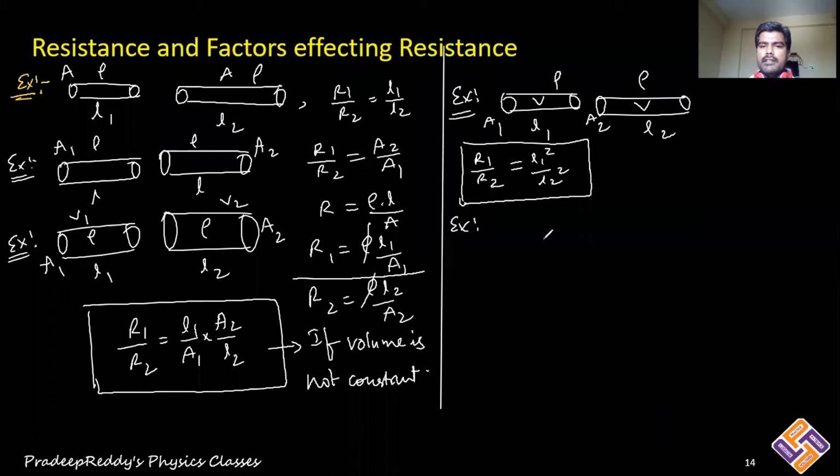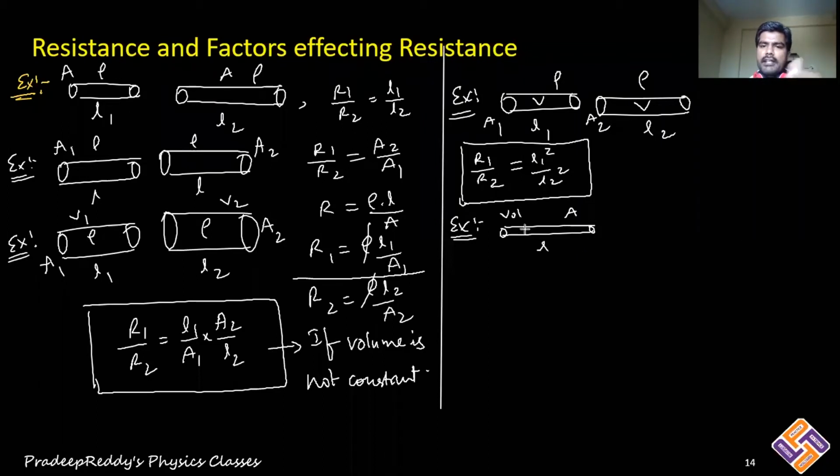Next example, say you are taking a conductor of length L, its volume is V, and its area of cross section is A. You heat this conductor and it becomes liquid, and you recast it, making it a conductor of a different shape.